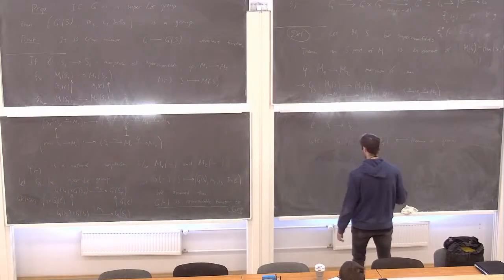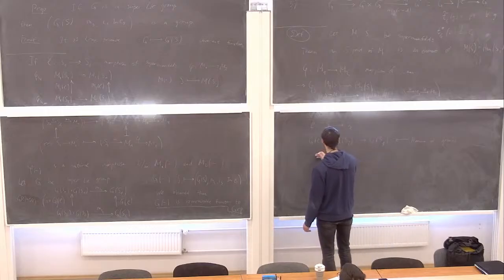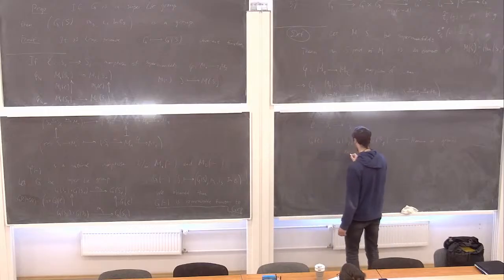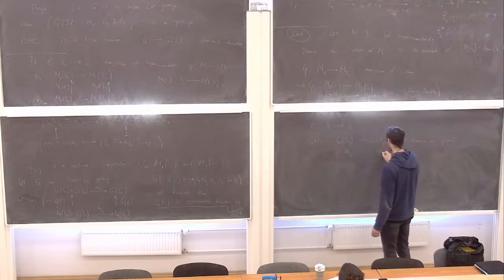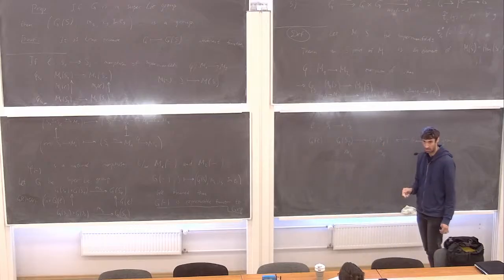Then I checked what I want, right? Because it means really that I have multiplication here, which is MS2, right? A multiplication here, which is MS1, right?